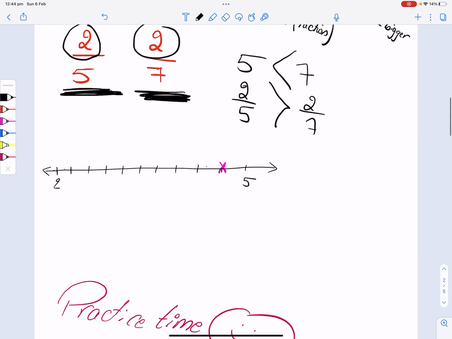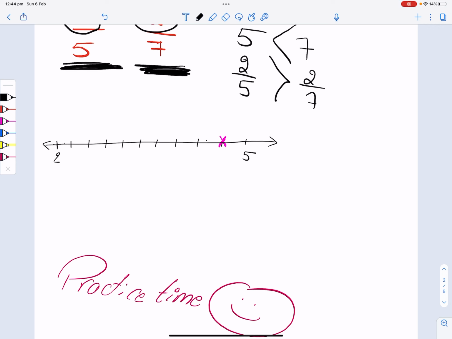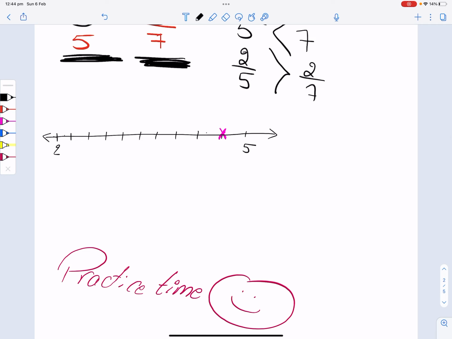Now, let's have a look here. If we have a number line and they ask us to represent this as a fraction or as a mixed number, what do we do here? First, we see what the space is between those notches. Okay, let's see. We have 1, 2, 3, 4, 5, 6, 7, 8, 9, 10.